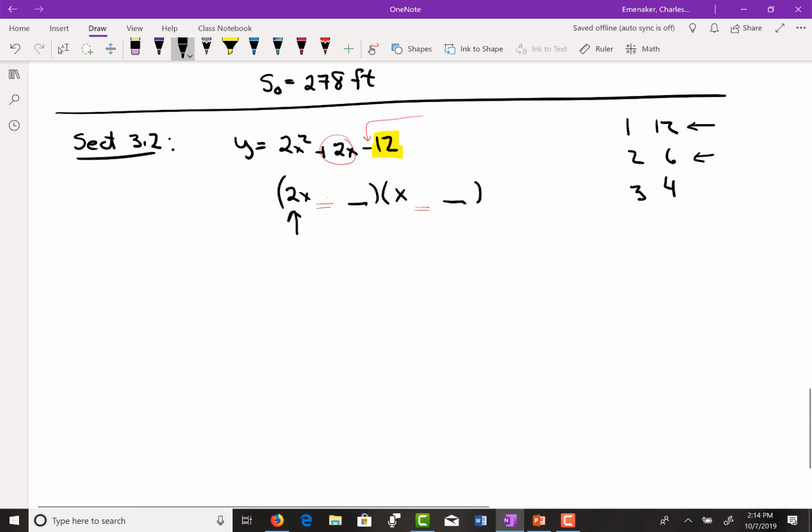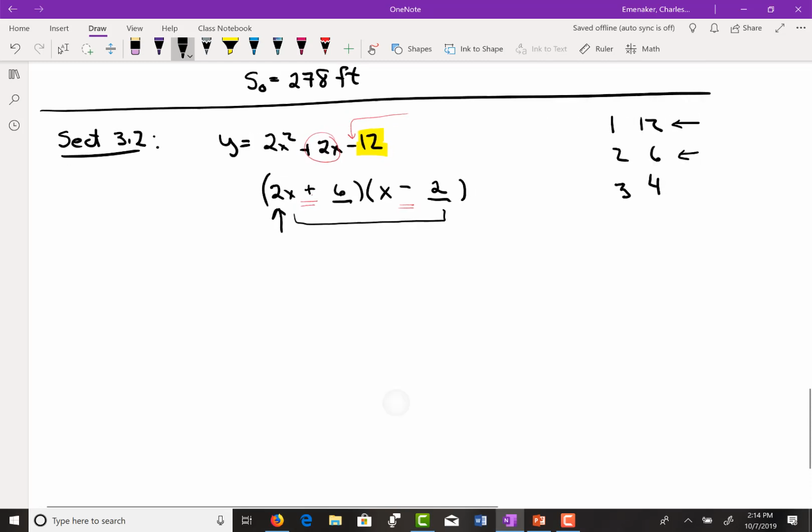We can try it. Let's see. If we put a plus here and a minus there, is that going to work? We can experiment. It's going to give us a minus 4x plus 6x. Does that work if you multiply it out?